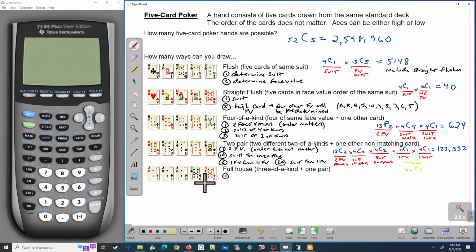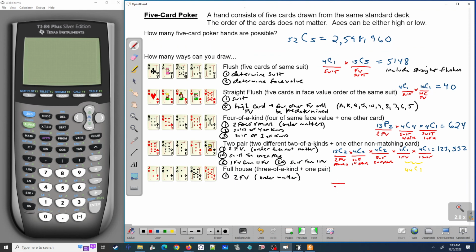And so that's where I'm going to kind of go back to my four-of-a-kind, because it did make a difference if I had 6, 6, 6, 6, and 7. I know I repeated that. But I want to make sure it's understood here that 22299 is not going to be the same type of hand as 99922. So when I pick my two face values, the order is going to matter, because I'm going to need to make sure I put them in order where one represents the three-of-a-kind and the other one represents the pair.